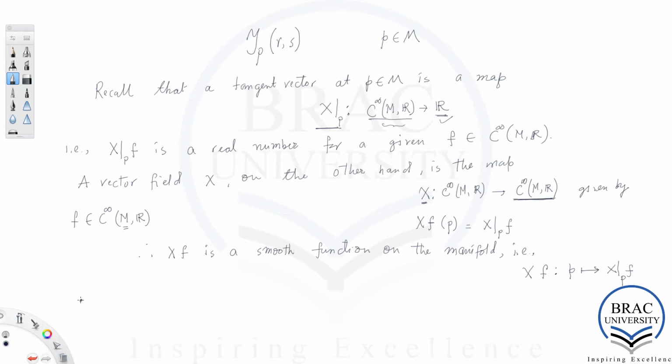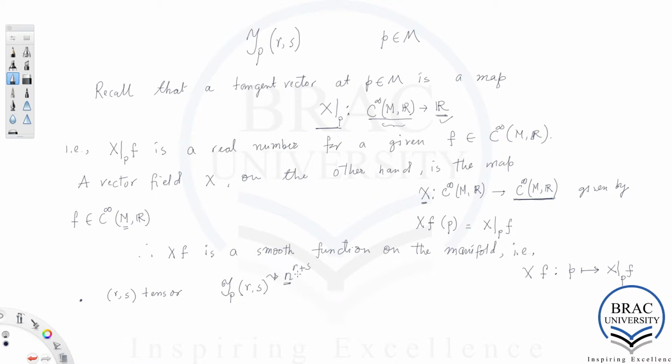Now we also studied the (R, S) tensors in the previous lecture, which are objects belonging to the vector space, the calligraphic T_P^{R,S}, which we saw earlier is a vector space of dimension n to the R plus S, where n is the dimension of the underlying manifold.